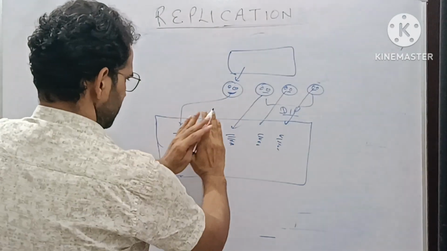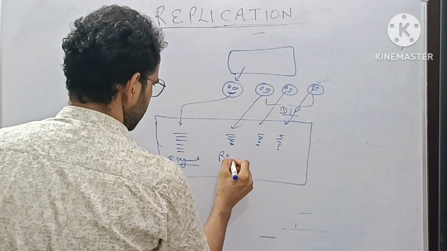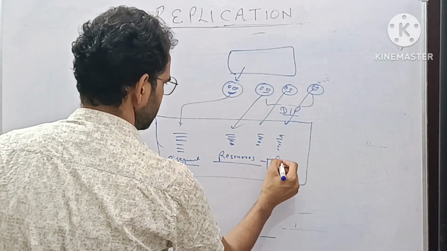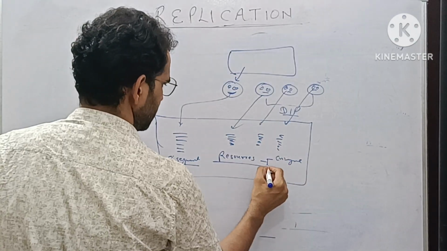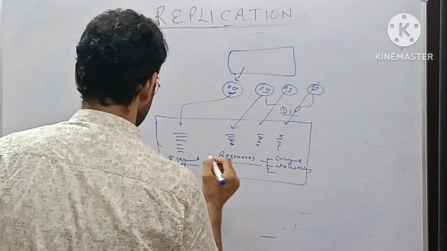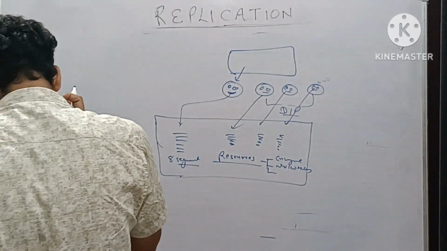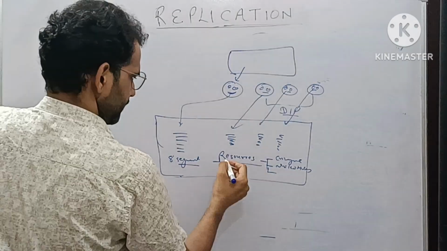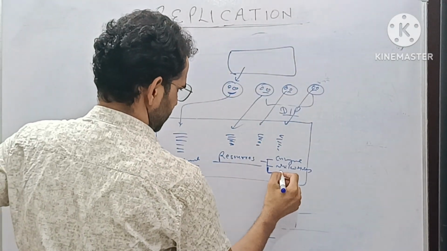But in this cell, resources are limited. What are resources? Polymerase enzyme, nucleotides, ATP and other resources.